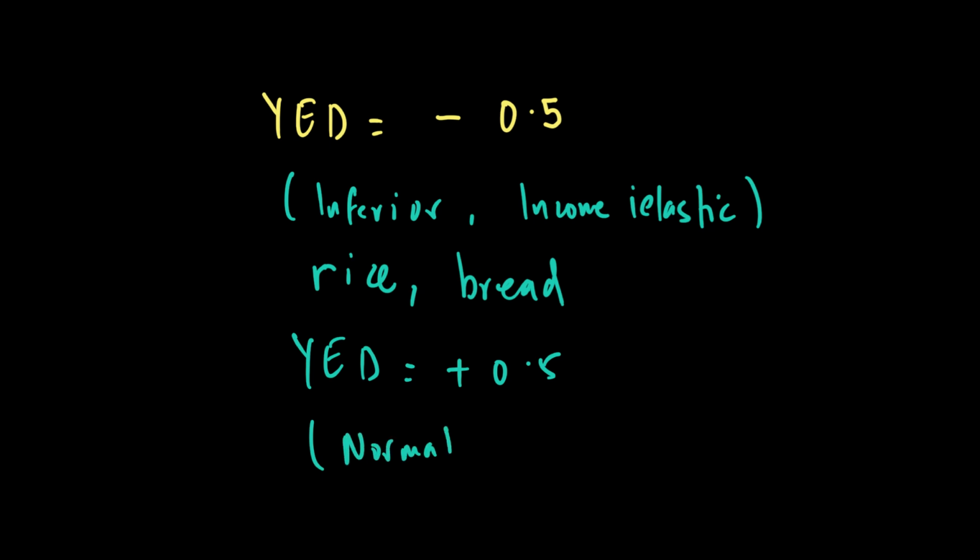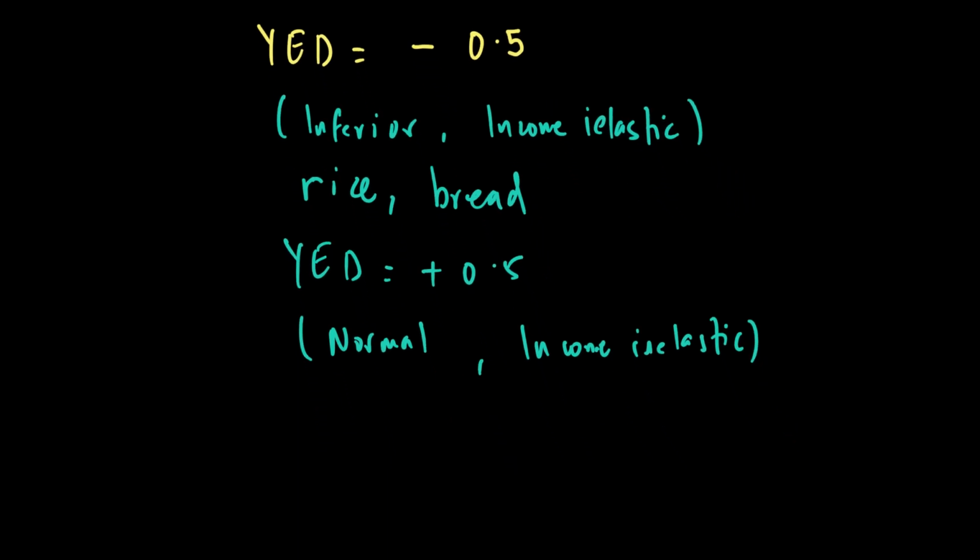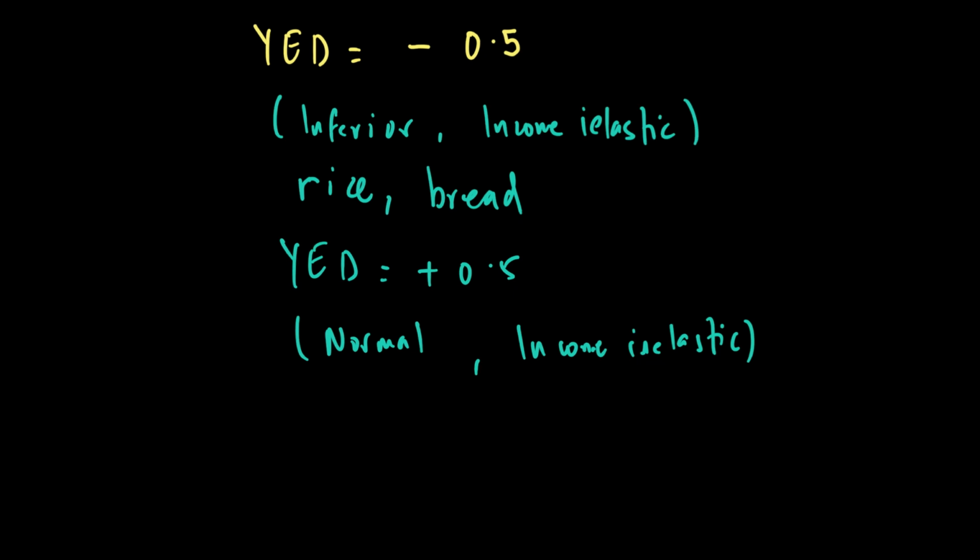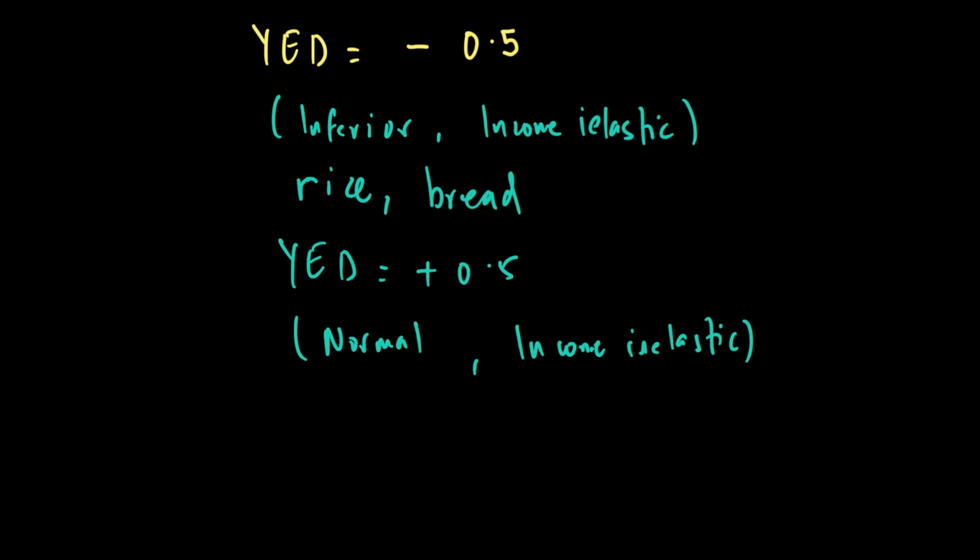Why? Because a positive sign would mean it's a normal good, and because it's 0.5 it's still income inelastic. So a good example of this could be, whenever income goes up you consume more of such a good but not significantly a lot, and therefore a better quality rice could be in this category.